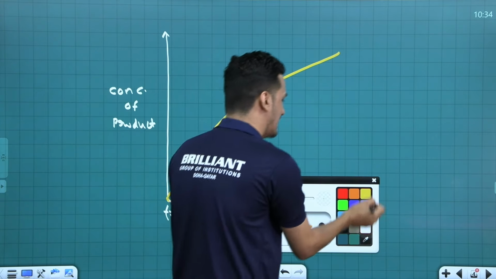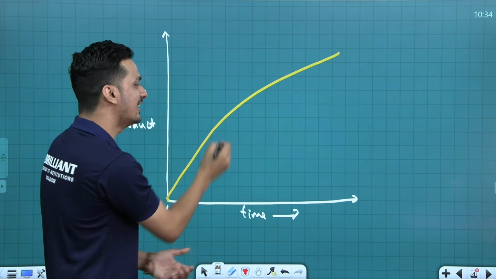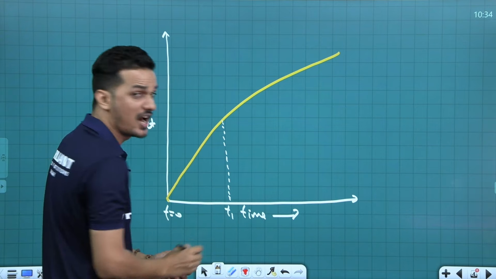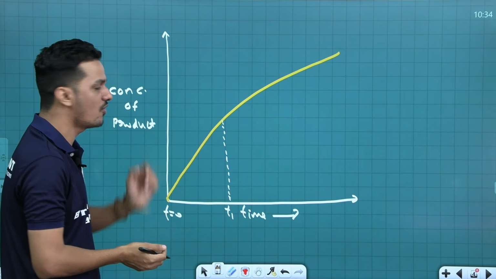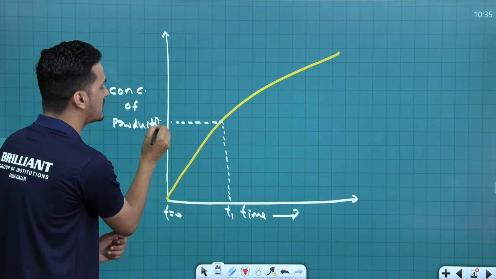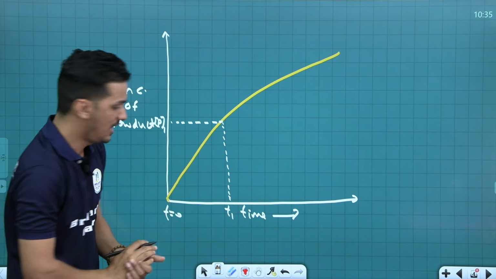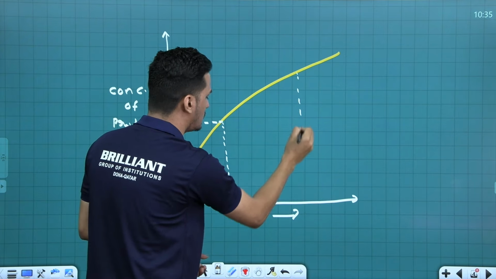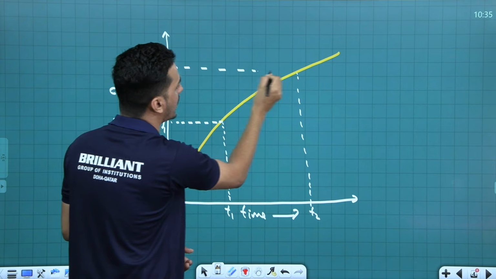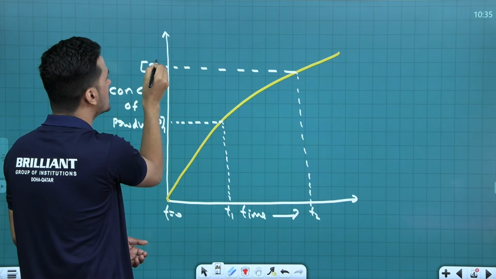I hope you guys are enjoying it. So here, this one is T1. At time T1, what will be the concentration of product? I am taking P1, and at time T2, what will be the concentration of product? This is P2.